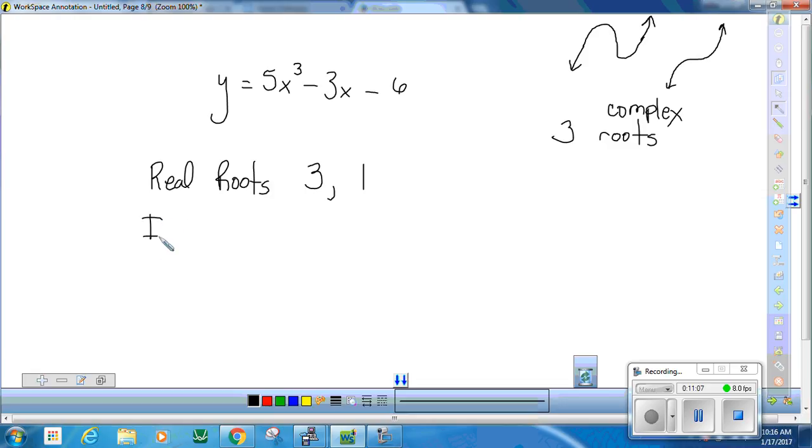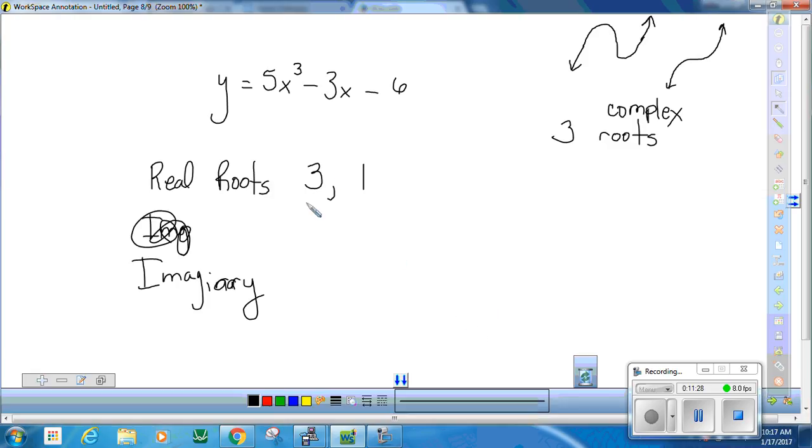If I want to know how many imaginary roots I could have, I kind of have to think in the opposite direction. I know I have 3 roots. I can't have 3 imaginary roots. Imaginary roots have to come in pairs. So it always has to be even numbers.